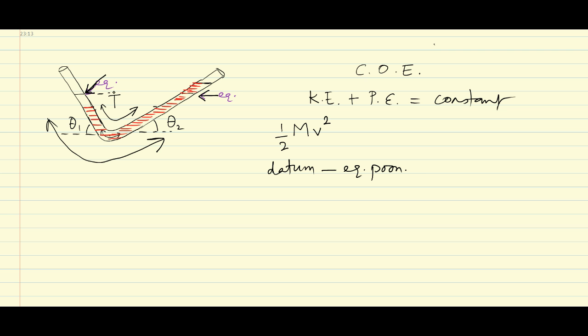I can even draw a line indicating this fact. So the zero of the potential energy corresponds to the position of the liquid when it is between these two levels.